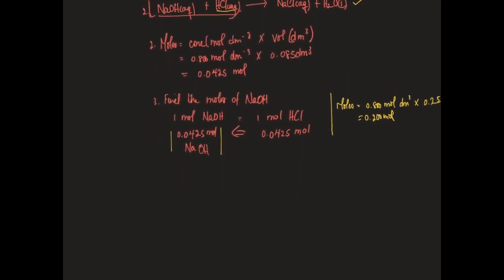This means that originally you had 0.200 moles of sodium hydroxide, and then 0.0425 mole reacted with the hydrochloric acid, which means we subtract these two values: 0.200 minus 0.0425 gives 0.1575 mole, which is the number of moles that reacted with ammonium sulfate. So this right here is the value that we need.